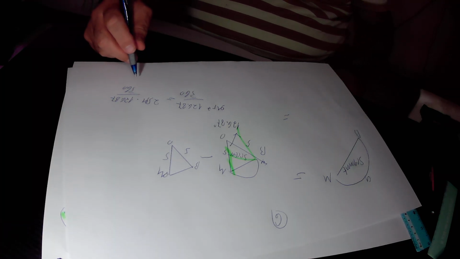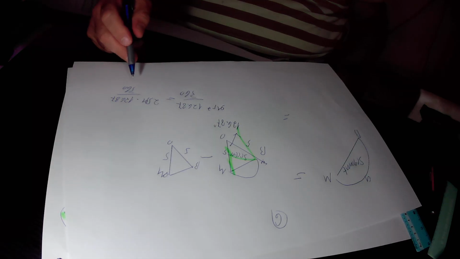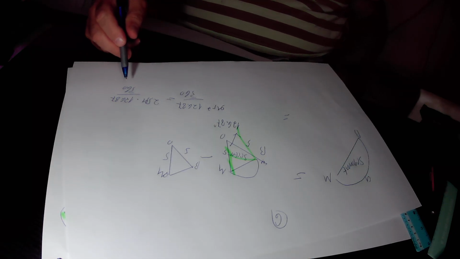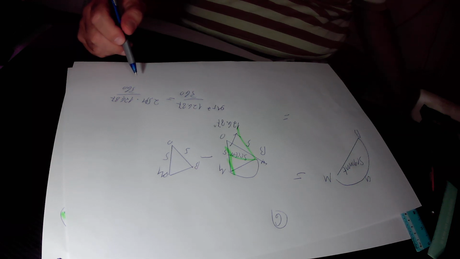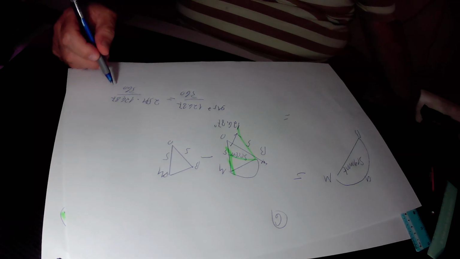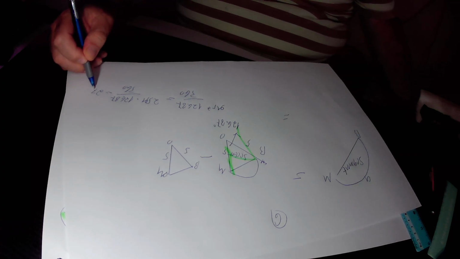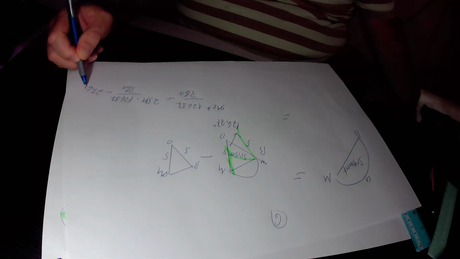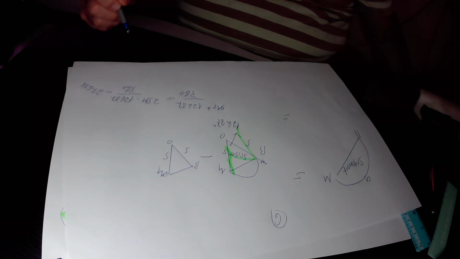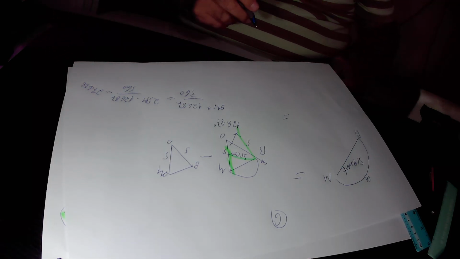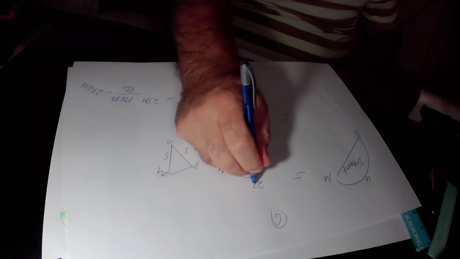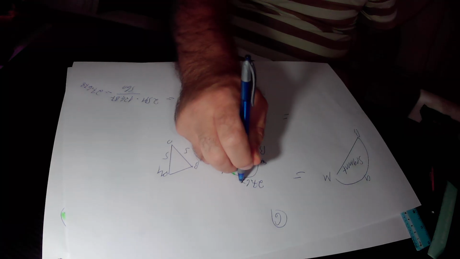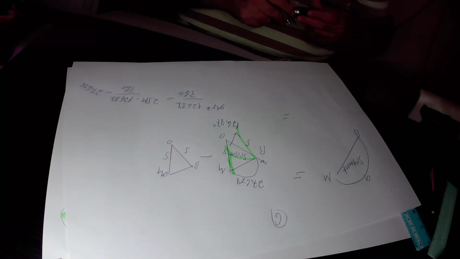And the value of this expression, 25 pi times 126.87 over 360 degrees, in total is equal to 27.678 square units in size.